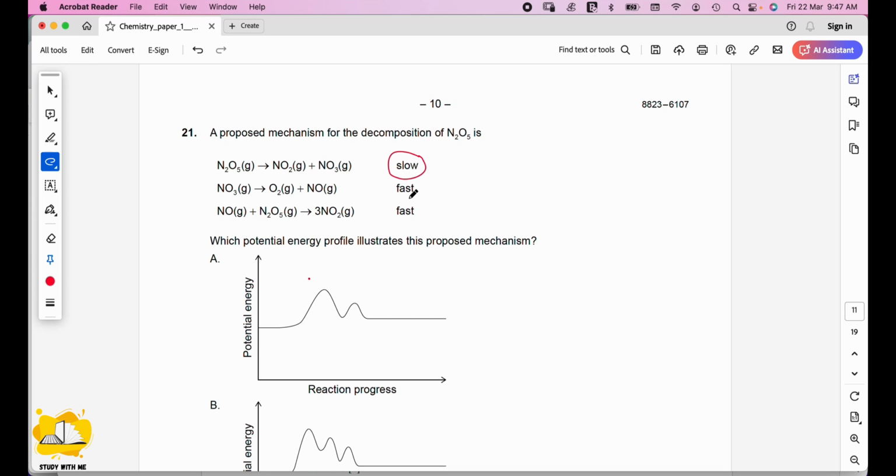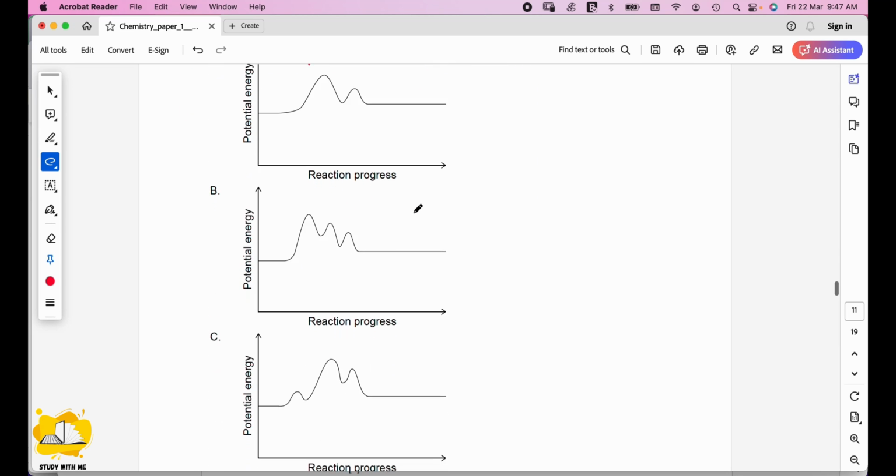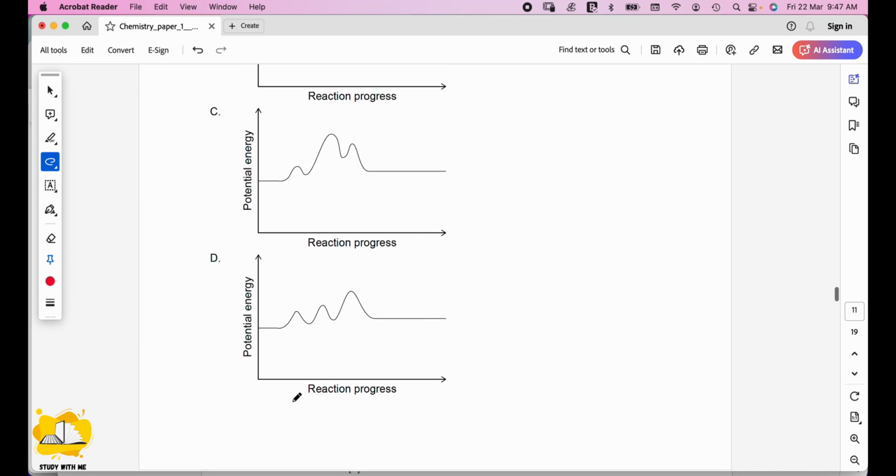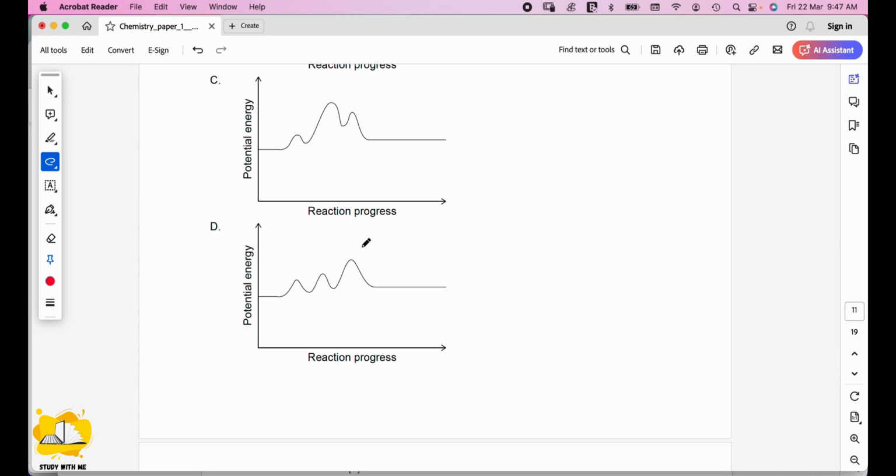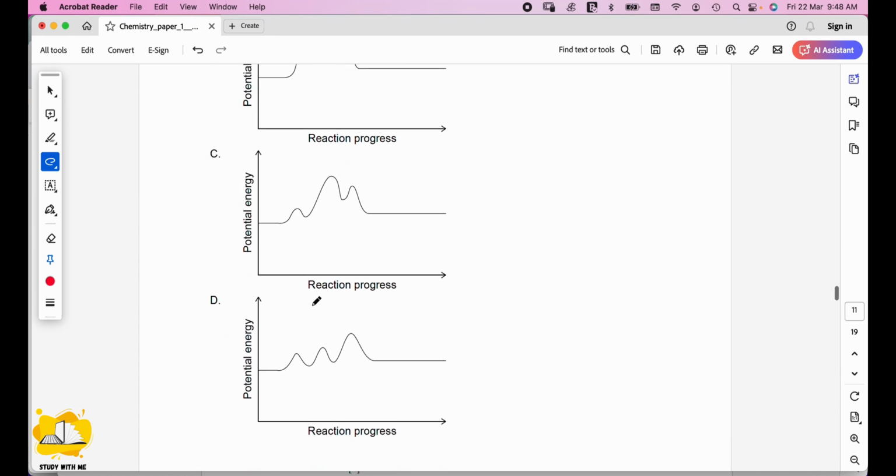So if the activation energy of the first step is greater than the other two, you definitely will choose B, because the first one is higher than the second and the third. The first option definitely no, because only two. And for the third one, the activation energy is very low, so the reaction is fast. And for D, the same. So the answer is B.